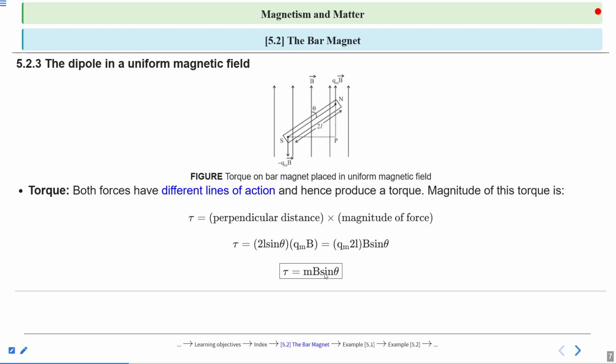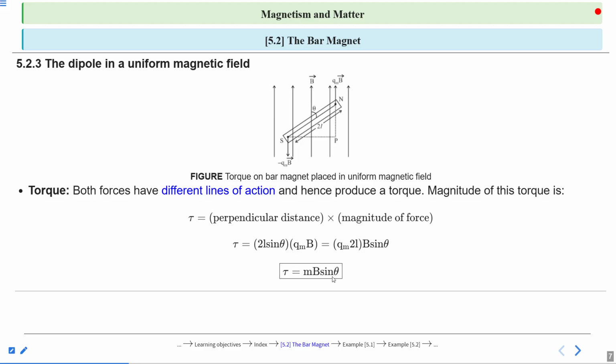Now in electrostatics, torque was PE sine theta. What was P? Electric dipole moment. And what was E? Electric field. In magnetic field, P is replaced by M, magnetic moment, and electric field is replaced by magnetic field.